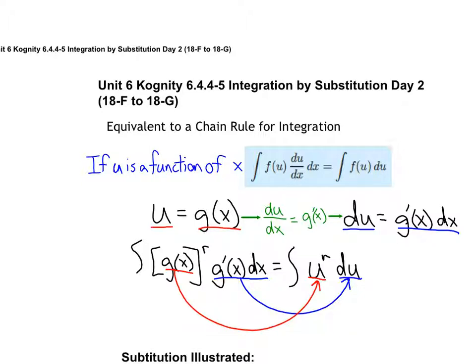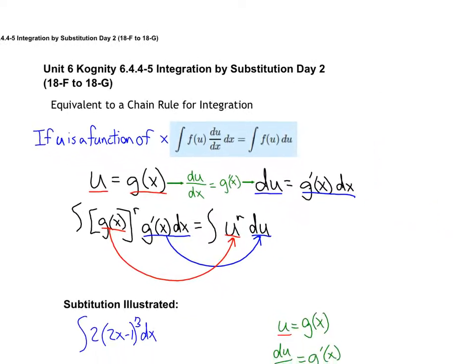Notice this whole thing gets replaced by du. So du is just like the dx on the end of the integral. It's a differential, yeah. It just says this is where the end of the integral is now. Yes, that's with respect to u.